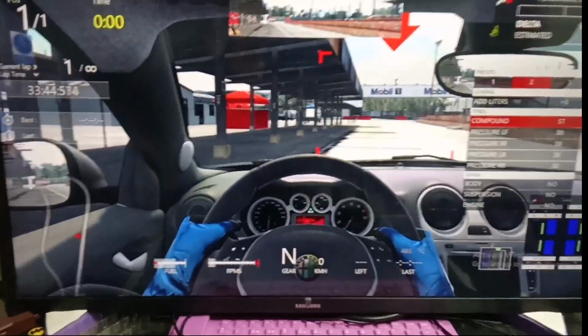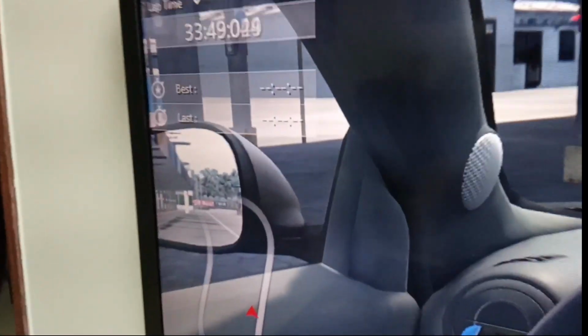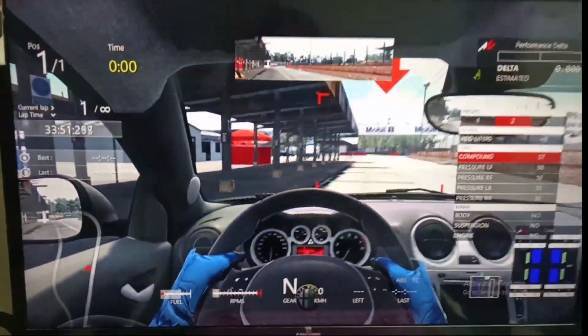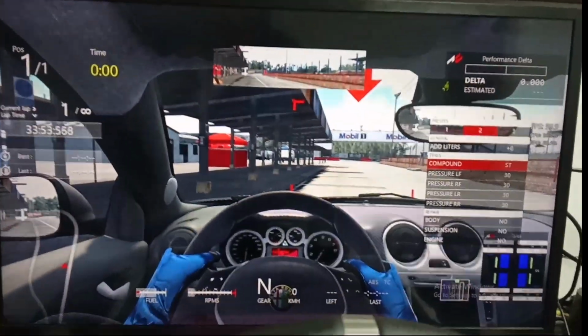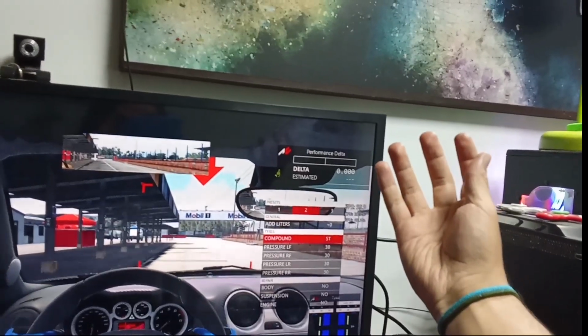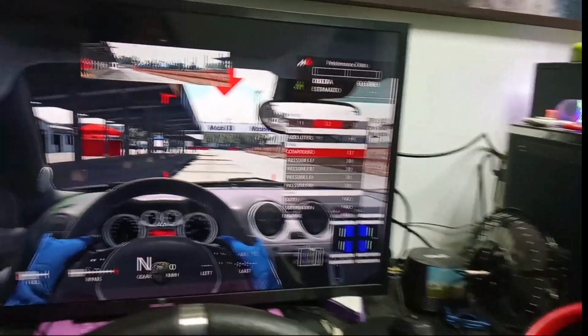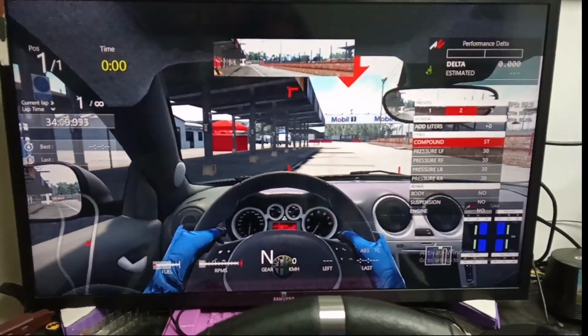And another thing that is extremely important is the way you adjust your mirrors. You have to be in the right position, and also you always have to adjust your mirrors, the rear mirror and the left mirror and the right mirror. It is always important.